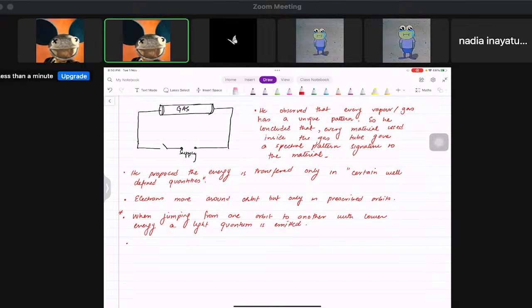The final thing that we're going to write is that this theory explained why atoms emitted light with fixed wavelengths.